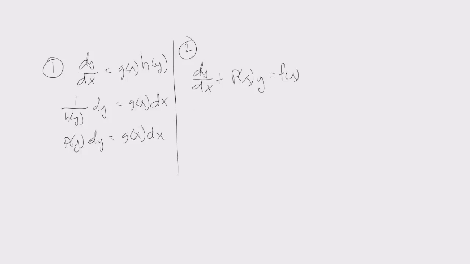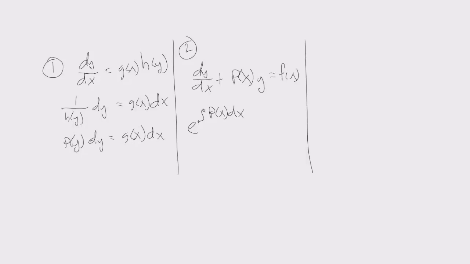Sorry, that's e raised to the integral of p of x dx. And whatever that expression is, we end up just multiplying the original equation by that expression, and then by applying the product rule, we end up having a solution.